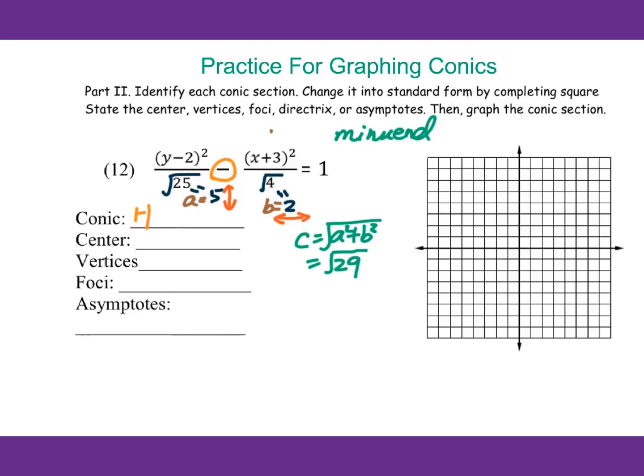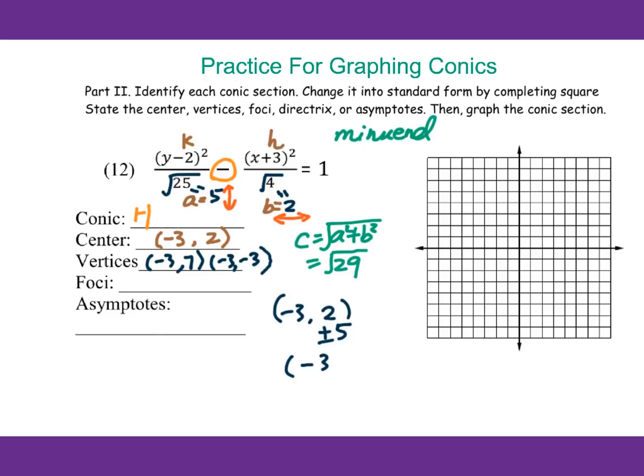We know center, this is h, here's k. Therefore, you got -3 and 2. Your vertex, -3, 2. I add or subtract 5. We got -3, 7, and -3, -3.